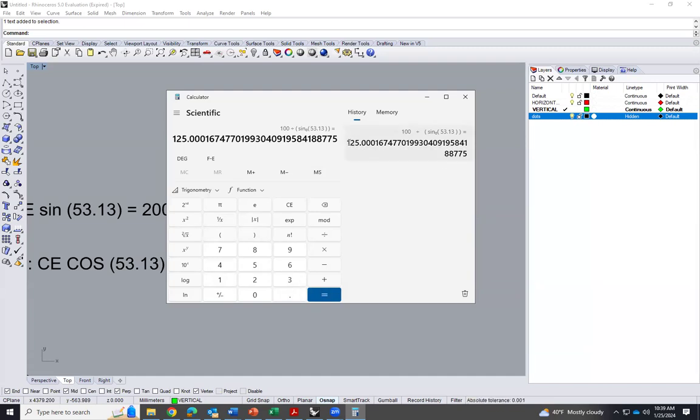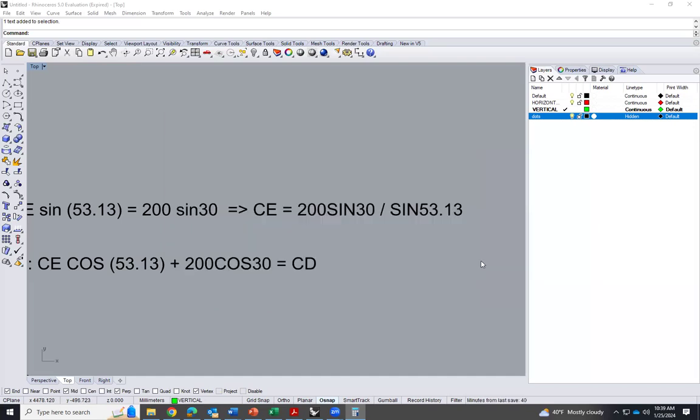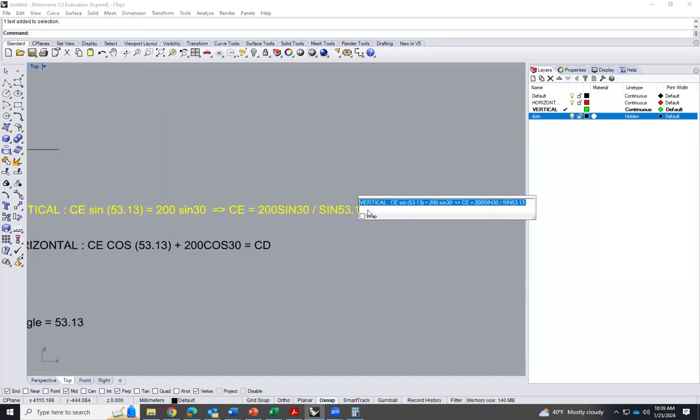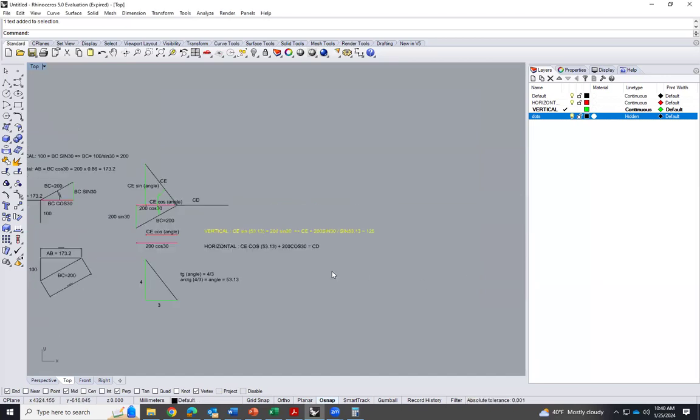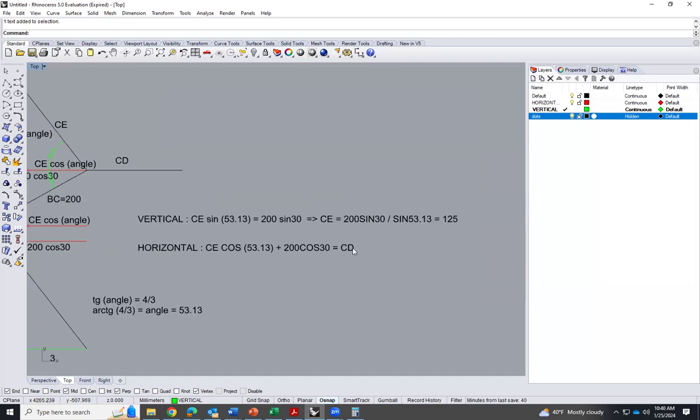And this is 125. Okay, so CE will be 125. CE is 125.